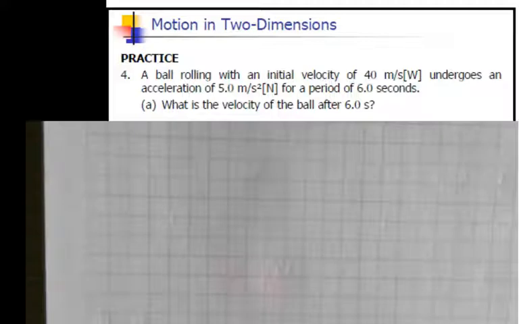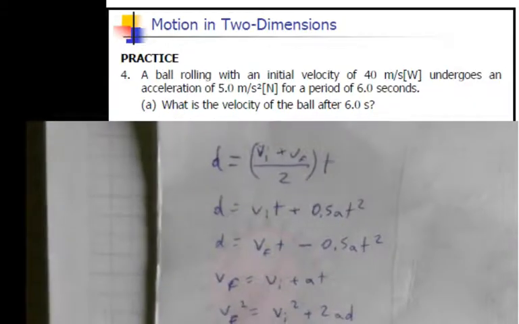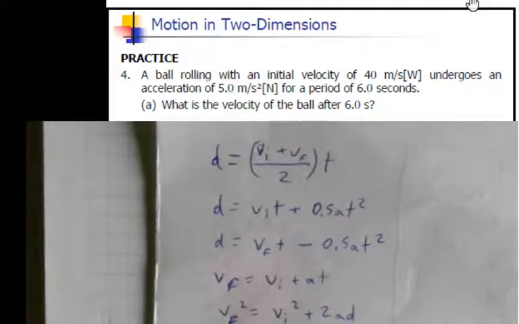We'll solve this using what we were using before, the Newtonian equations. So from the problem, I have an initial velocity, I have an acceleration, I have a time. I need to find the final velocity.